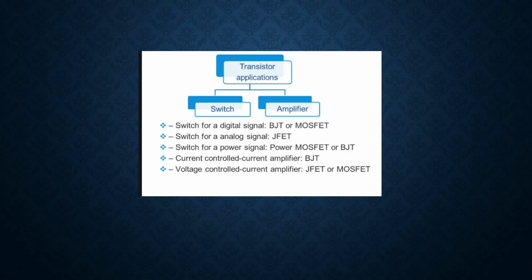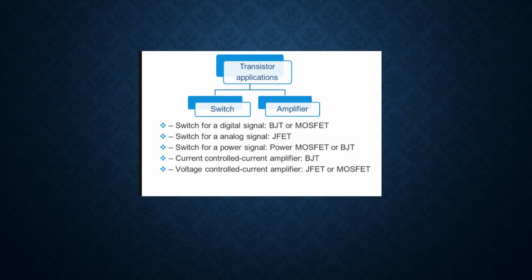First of all, we must get an idea of what the basic applications of transistors are. Transistors have multiple applications, in which their use as a switch and as an amplifier is quite important. BJT or MOSFET are used as switches for digital signals.